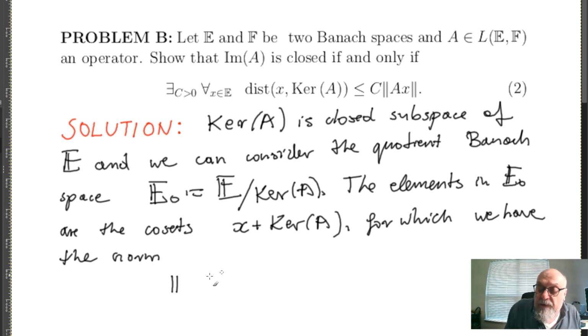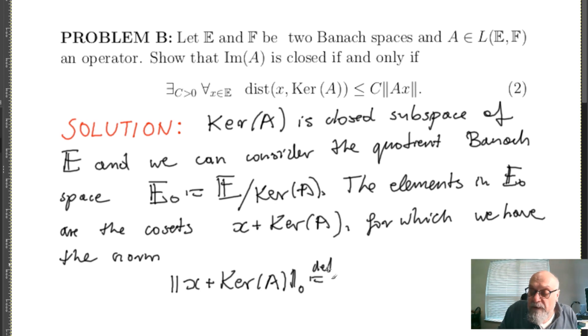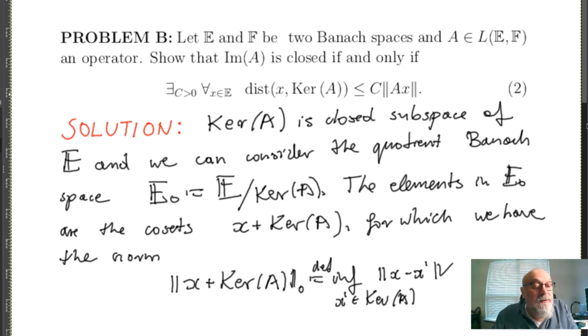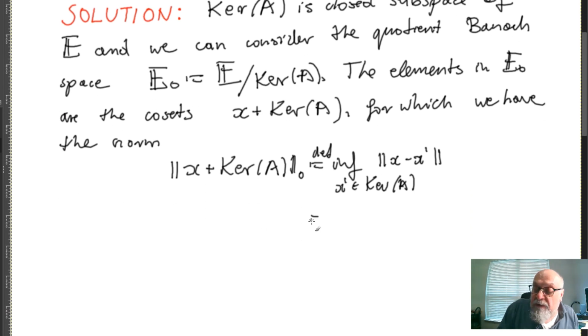Let me write it down: the norm of this coset in E0, and by the definition this will be the infimum over x prime belonging to the kernel of A of the norm of x minus x prime. It is easy to notice that's definitely the distance that appears in our condition.